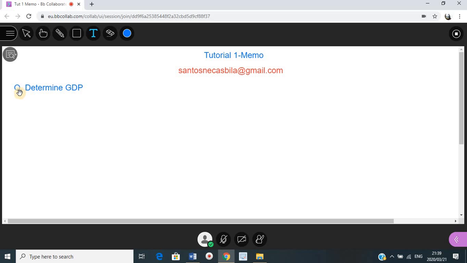I have already written here determine GDP. I am just going to write nominal GDP. Very good. Nominal GDP is basically the GDP that does not take into account the level of prices. For example, if you are analyzing two or three different periods, you will use the current prices of each period.